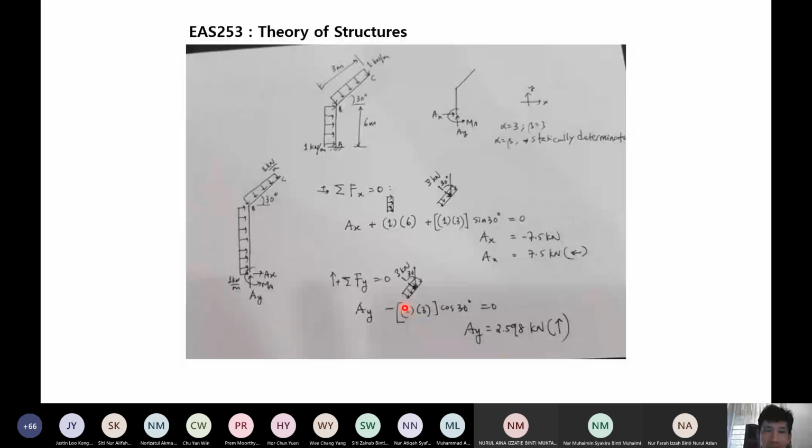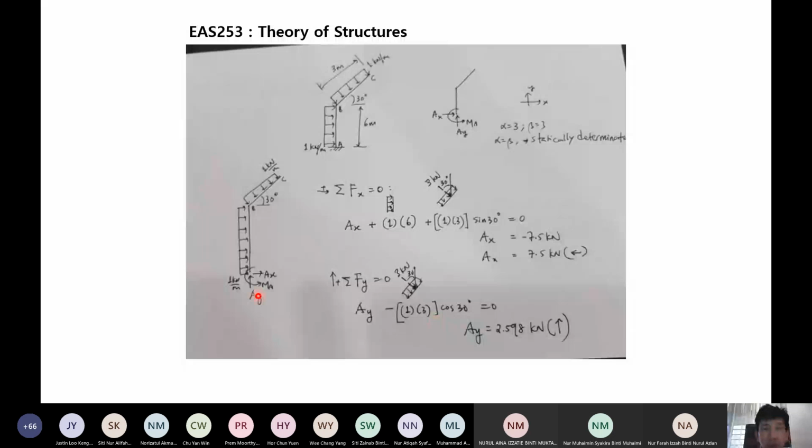So the vertical component or the Y component become 3 cos 30. 3 cos 30 going down. So it is negative sign. So we solve this, that we get AY 2.598 and we get positive value, so the direction that we assume going up is positive, is correct.